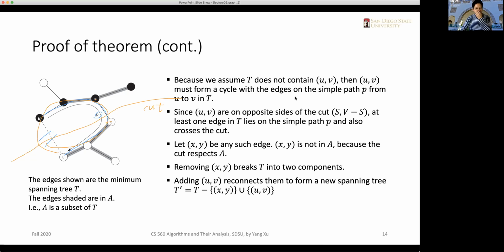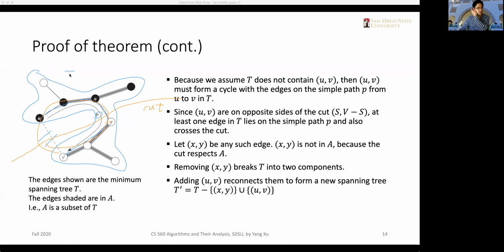Okay, so we can remove xy, right? It basically breaks T into two components. Then we can add U V to reconnect the two parts, removing xy. So basically what this proof does is, okay, let me use the blue color. The proof assumes that the original T actually includes these edges.